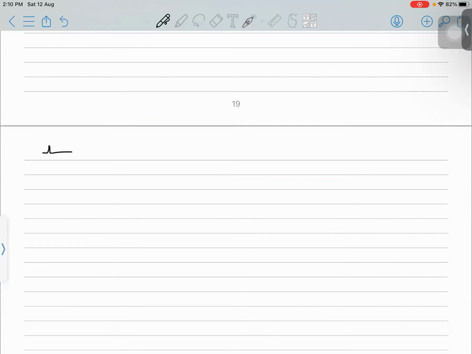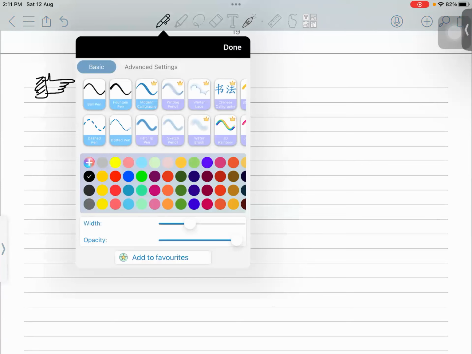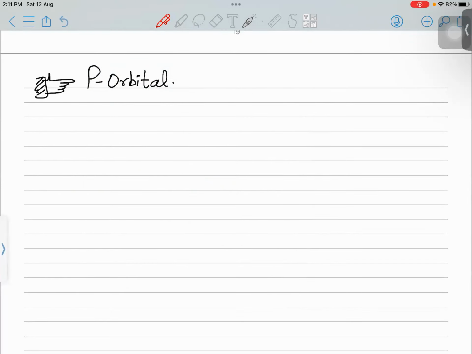The shape of the p orbital is dumbbell. This is the dumbbell.